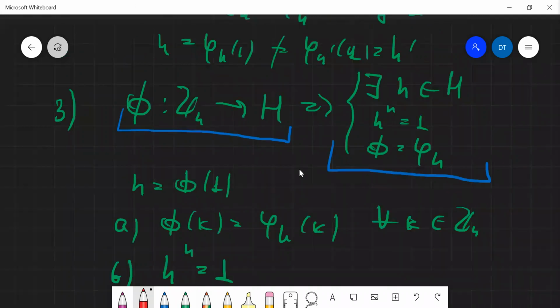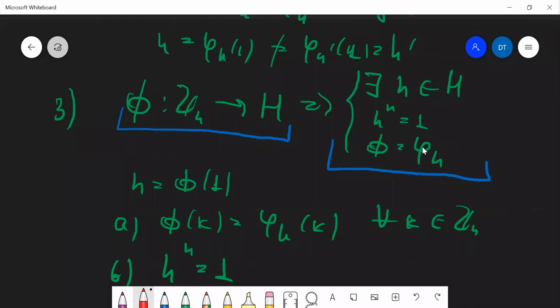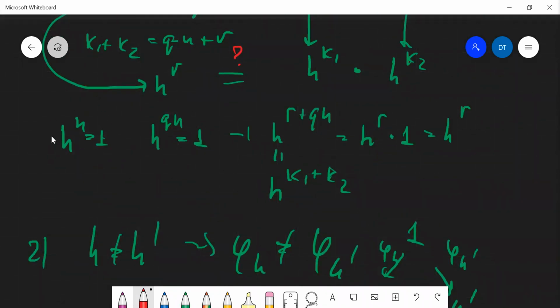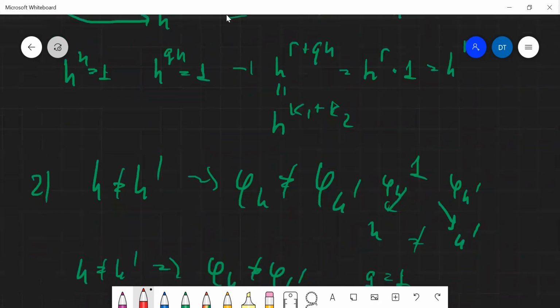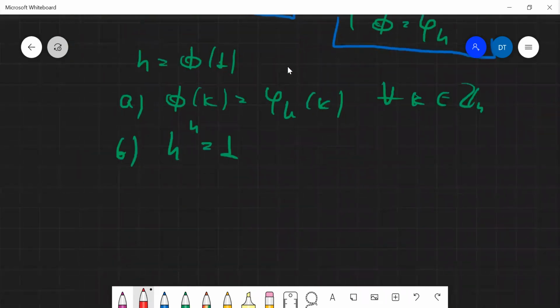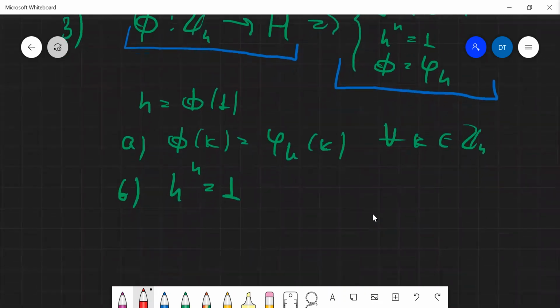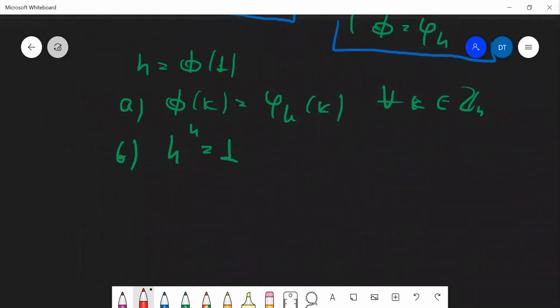Because this construction phi of h works only if h satisfies this restriction. We use this here because if h doesn't satisfy this restriction, it's not a homomorphism. This equality doesn't hold. So this was a part of our restrictions. We want this to happen.